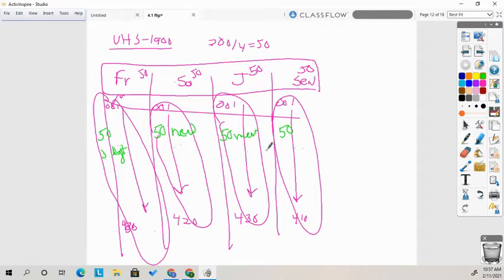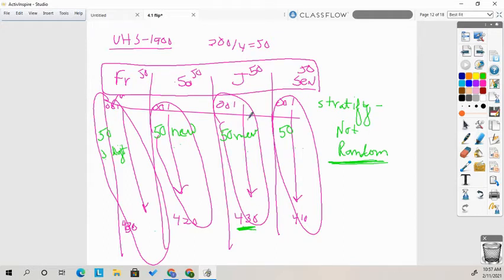Now, is stratifying random? So no. Stratifying is not random. A random sample says that each person has an equal chance. In this, they don't.